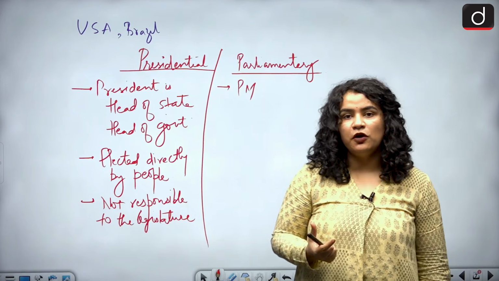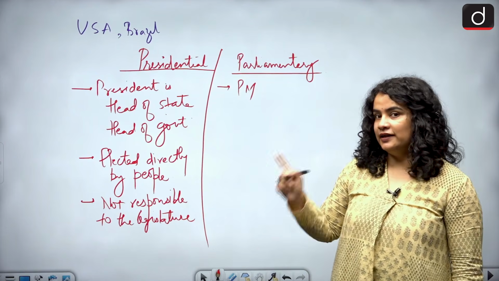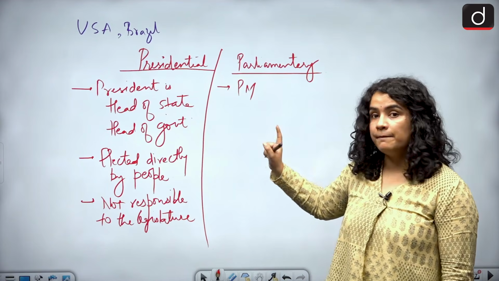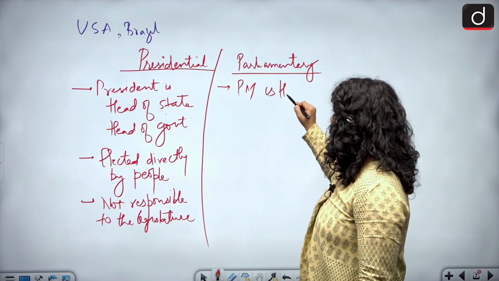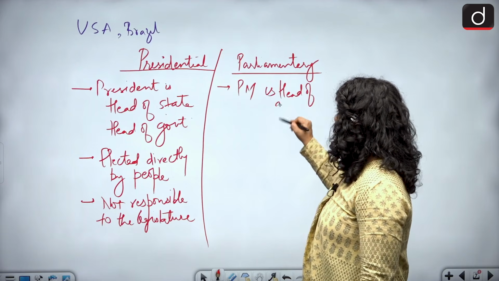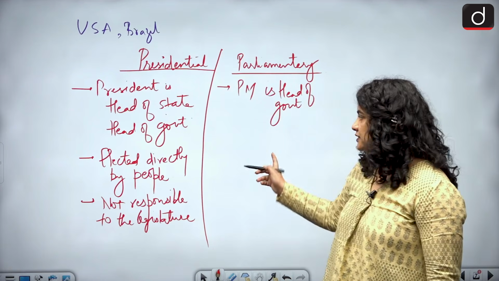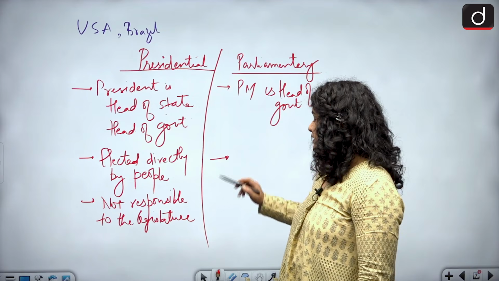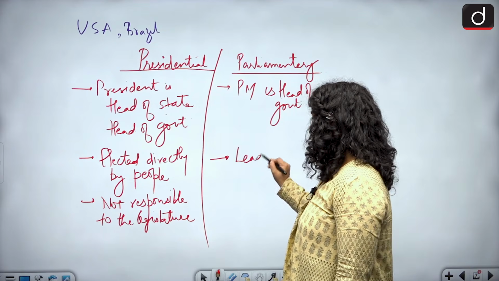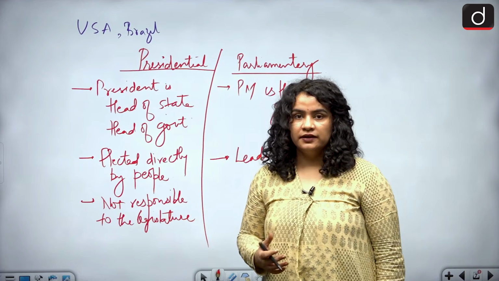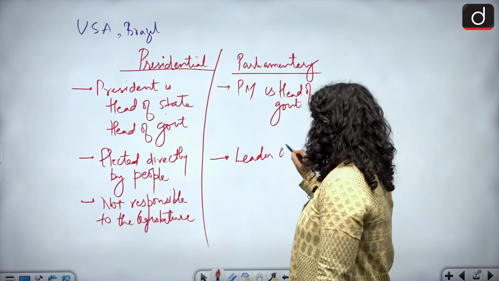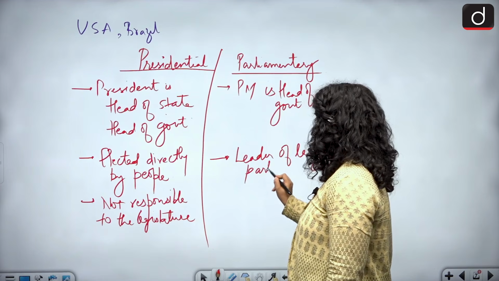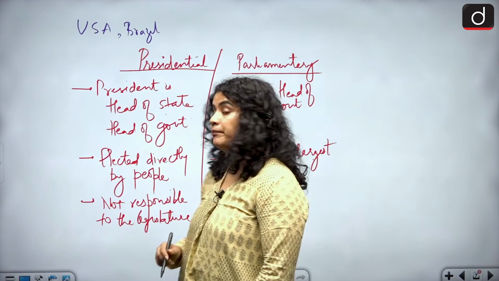So in the parliamentary form of government, the head of the state is not necessarily a president, but the head of the government is a prime minister. So the prime minister is head of government. Who is the head of state? We'll come back to that. Now, the prime minister is basically the leader of the largest party in the legislature.